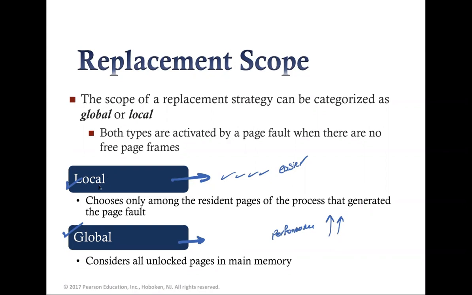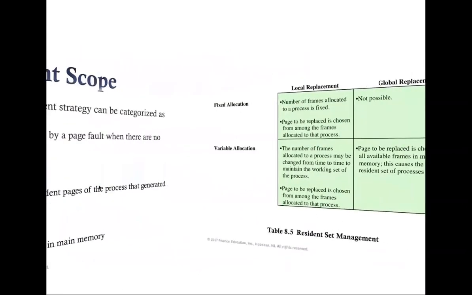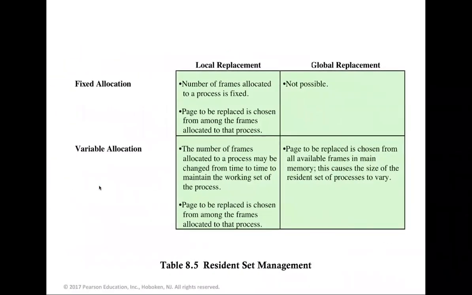Now, there's a correlation between replacement scope and the resident set size. A fixed resident set implies a local replacement policy, which means to hold the size of a resident set fixed, a page that is removed from the main memory must be replaced by another page from the same process.